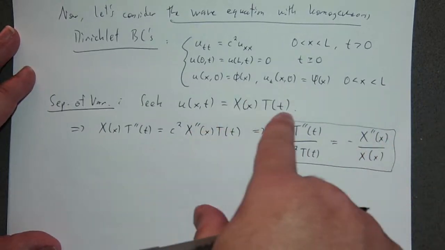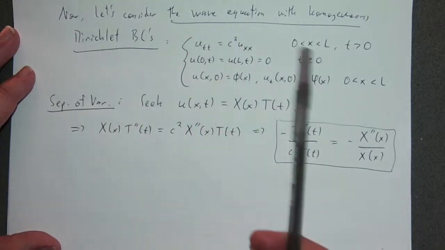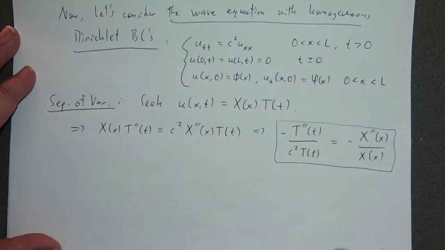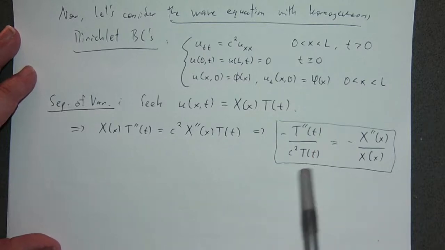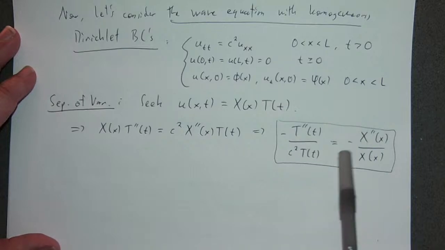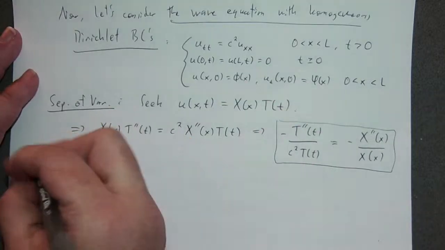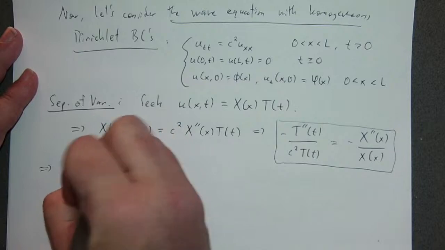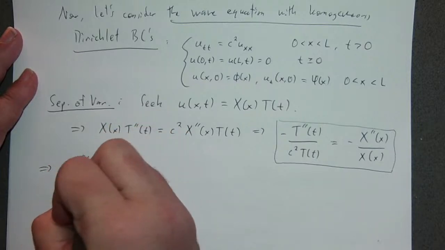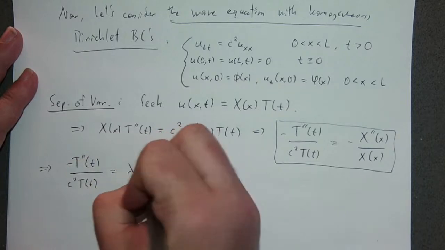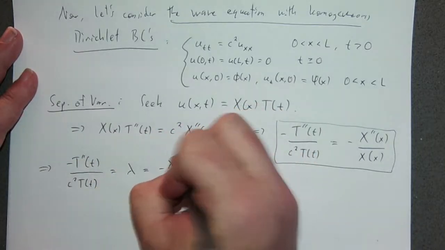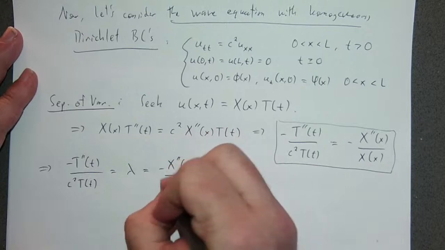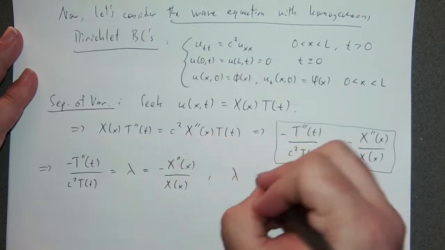According to this, if this has a hope of solving this PDE everywhere, then this has to be true for all x and all t. And the only way that can happen is if both of these are equal to a constant, right? So this must be a constant, independent of x and t. Let's again call this constant lambda. So this means that minus T double prime of t over c squared T of t is equal to lambda, which is equal to minus X double prime of x over X of x, where lambda is constant.